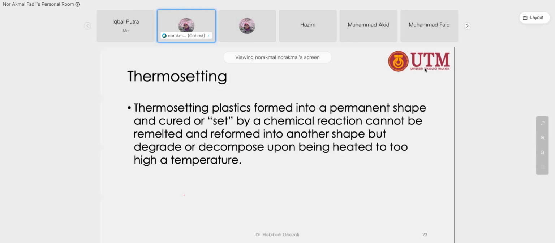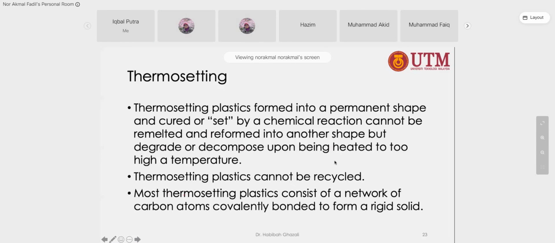What happens is it will degrade and decompose if you reheat it at a very high temperature. Thermosetting plastic cannot be recycled. Okay, most thermosetting plastic consists of a network of carbon atoms covalently bonded to form a rigid solid.